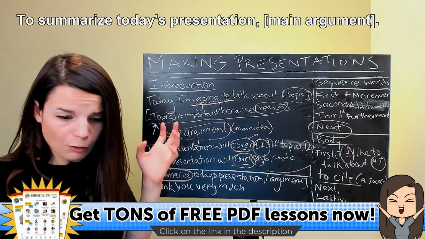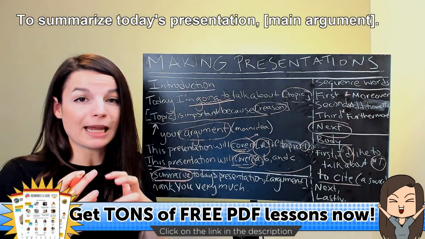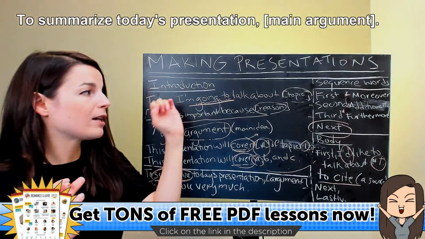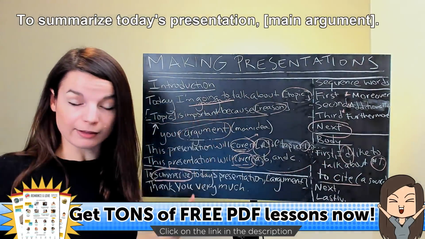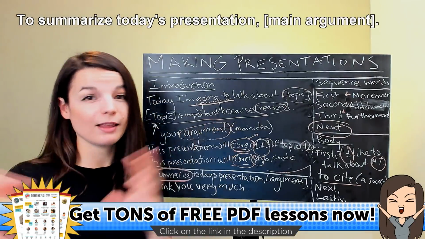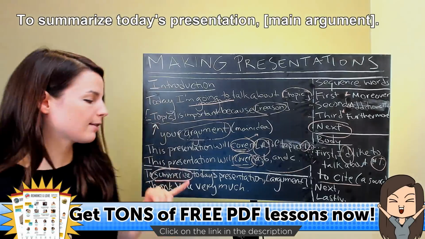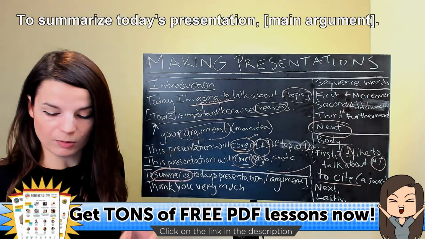The word summarize means to make a short main statement. So you explained your introduction, you explained the body, and you're coming back at the end of the presentation to remind your audience, this is what I told you. That's a quick summarization. So you summarize your argument that way.